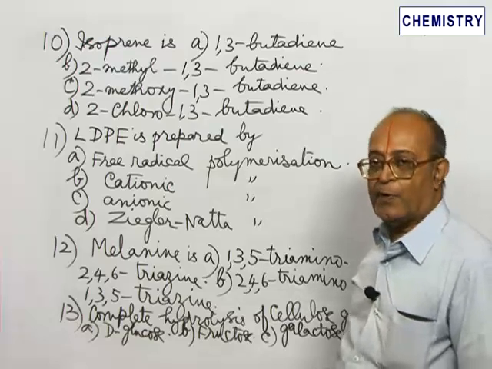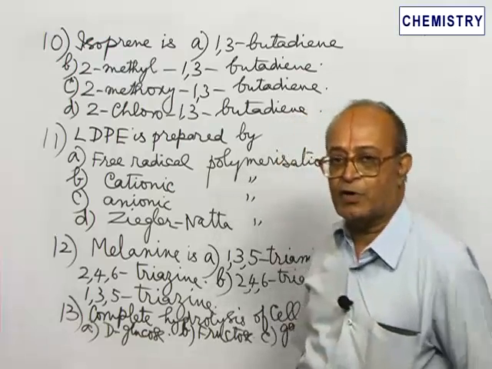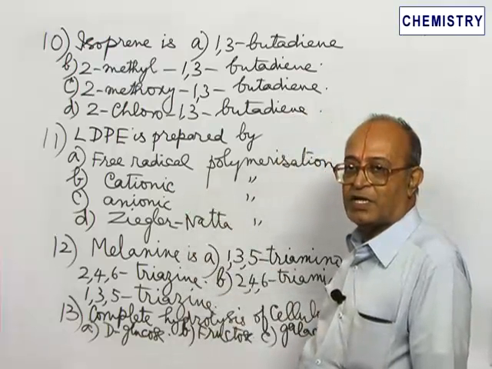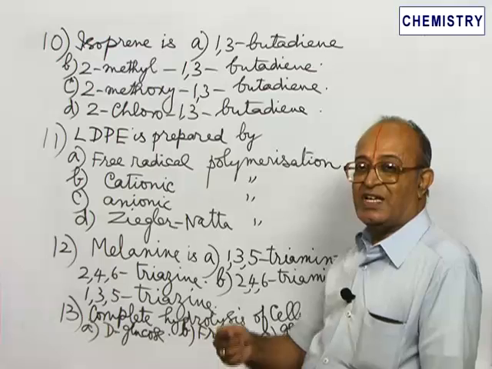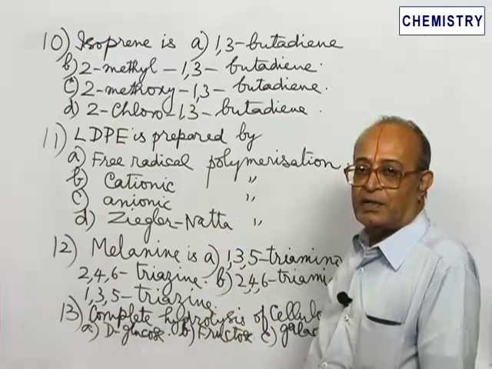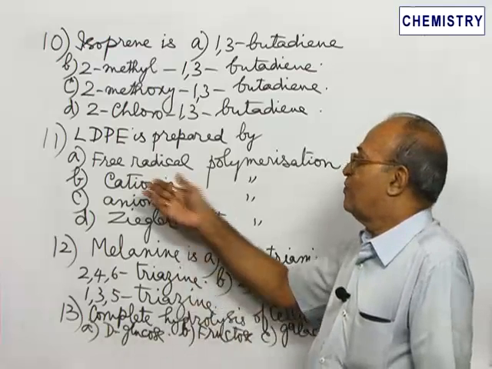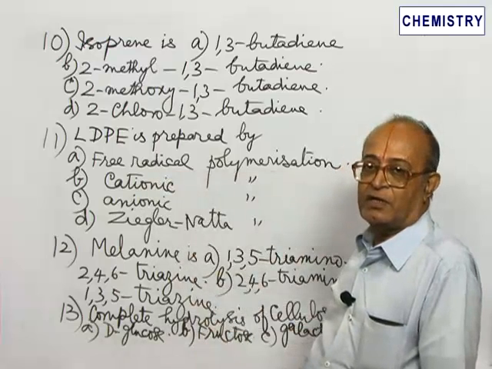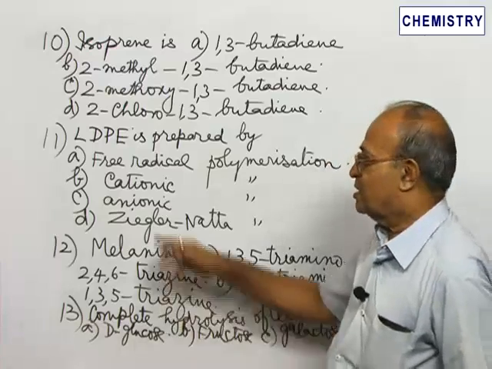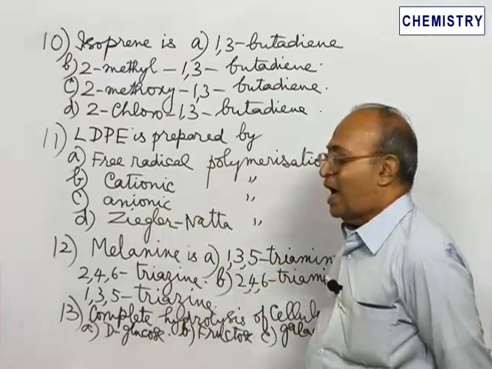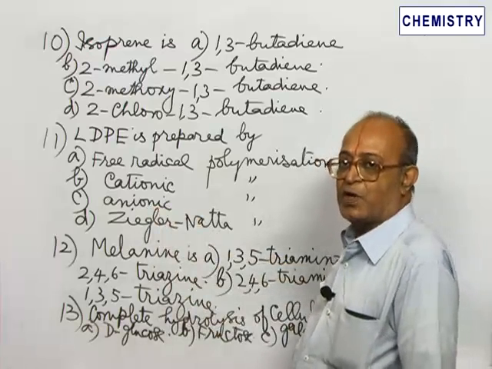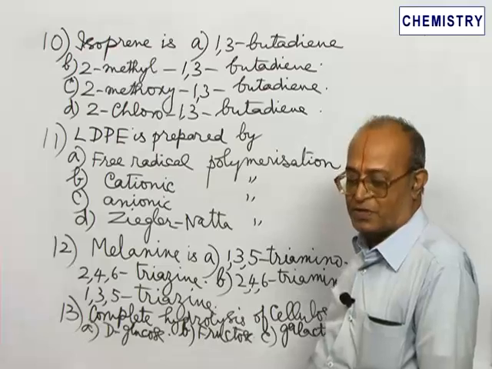In free radical polymerization, free radicals are produced. In the cationic polymerization, it is the intermediate cation that is formed, and this is responsible for lengthening the chain. Similarly, there are polymerization reactions in which anion is the intermediate ion which is responsible for the polymerization process.